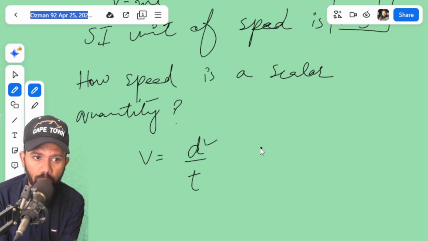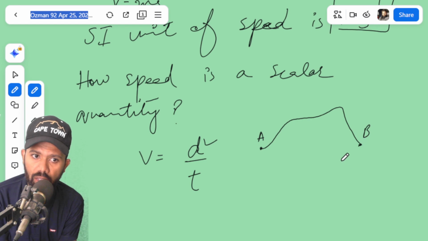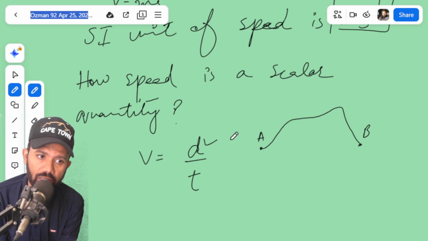You are moving from point A to point B. You can go this way, like this way, and then you can reach point B. You are changing your direction, so this travel is not unidirectional. That's why we say distance is a scalar quantity.